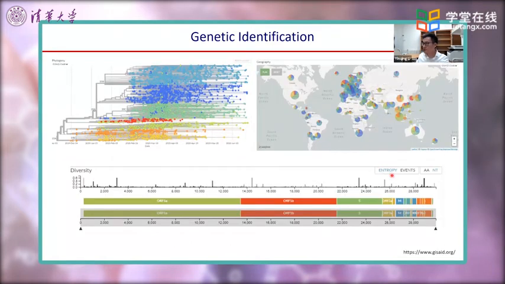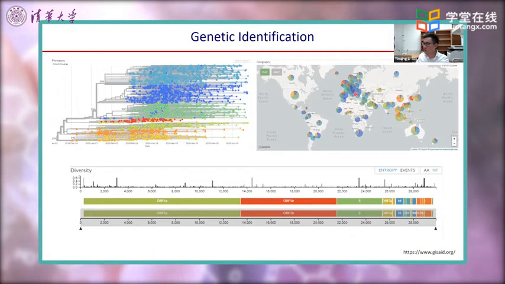We can also compare the genome sequence from different locations, and this allows us to deduce how it spreads spatially over time. For example, here we can see that the East Asian and South Asian regions share many of the COVID-19 strains, whereas the European and American regions share a lot of similarity in the strains identified in these areas.